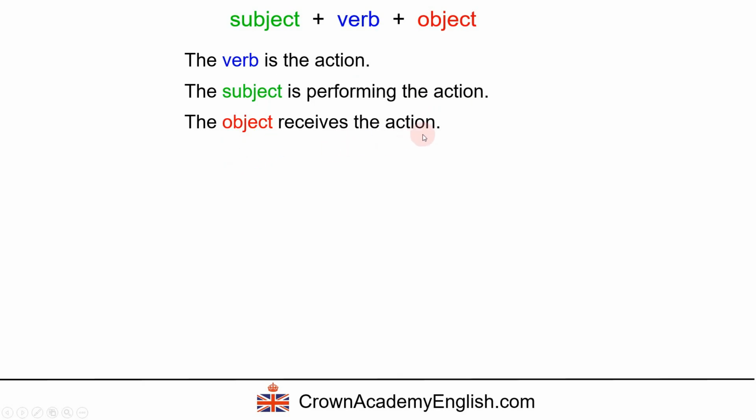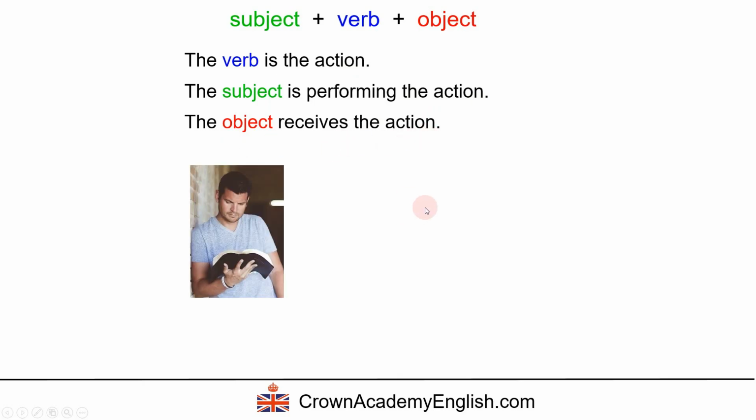Okay, receives the action. So let's look at a very simple example. He is reading a book. He is the subject. Reading is the action, the verb, and book is the object.